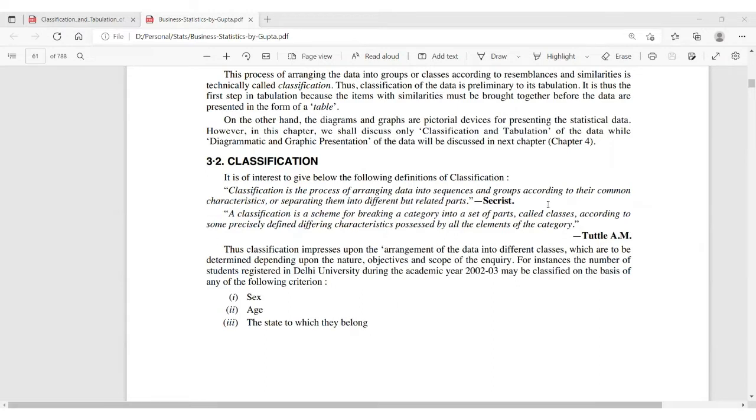So classification is the process of arranging data into sequence and groups according to their characteristics, or separating them into different but related parts. Right? That is the process of arranging data into sequence and groups.